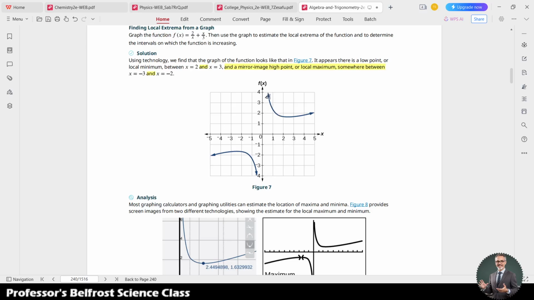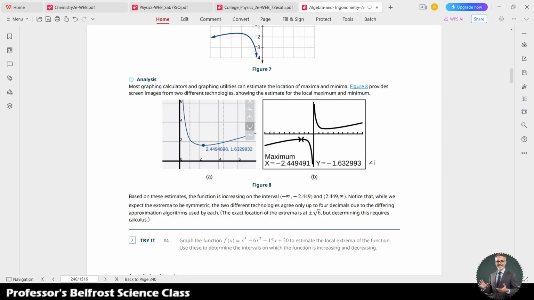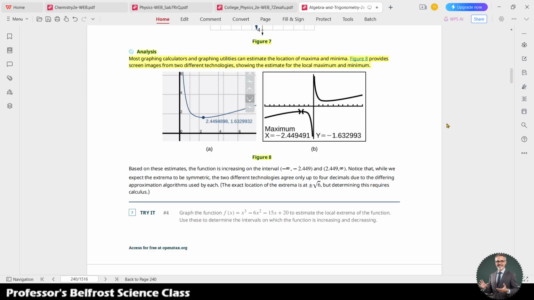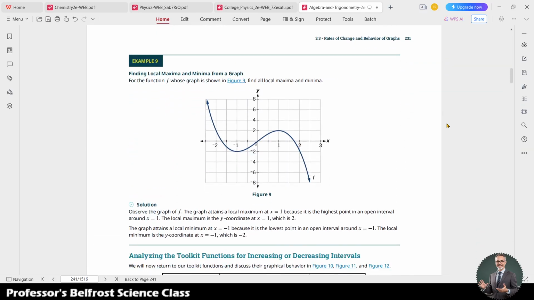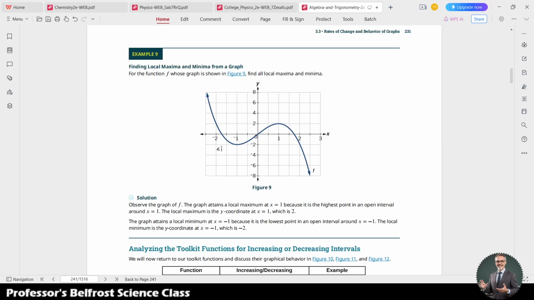So this is the local minimum, and the highest point is somewhere between -3 and -2. This is the analysis. Finding local maxima and minima from a graph is very obvious. This is the local minimum, this is the local maximum, right?